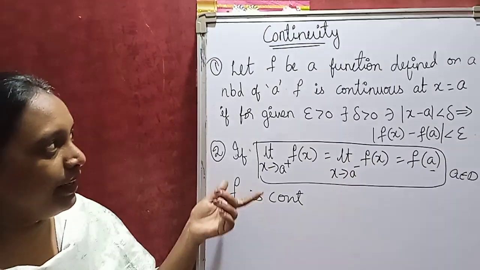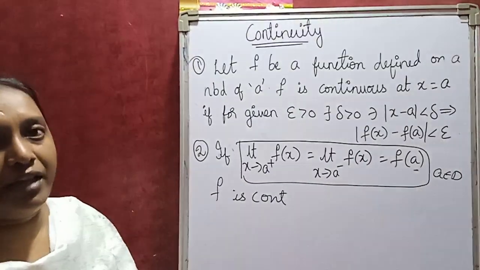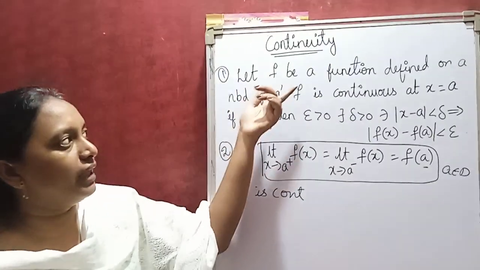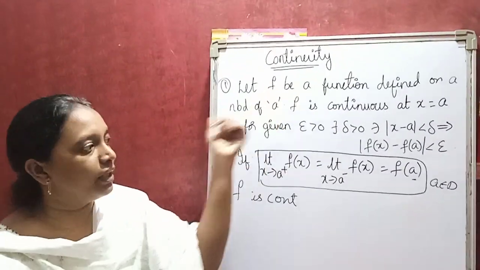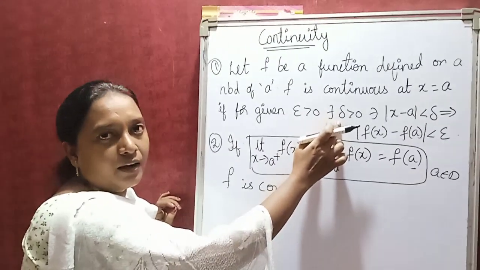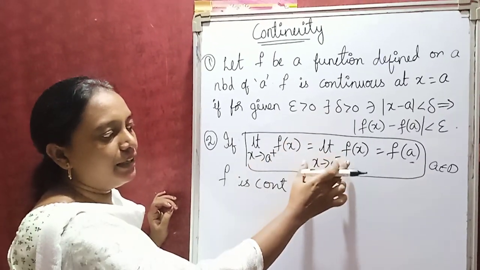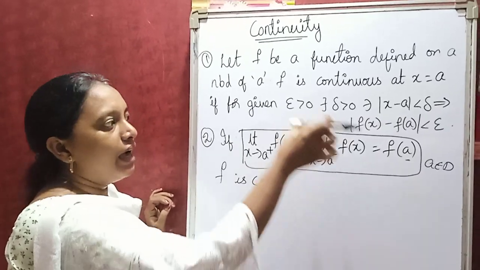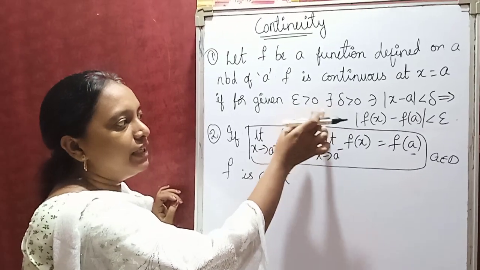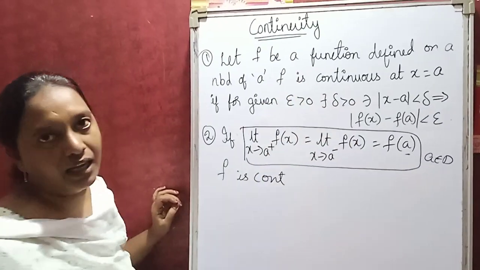Next, using the limit definition, we are going to define the continuity of a function in terms of epsilon and delta. This is also using the limit definition, but in terms of epsilon and delta.